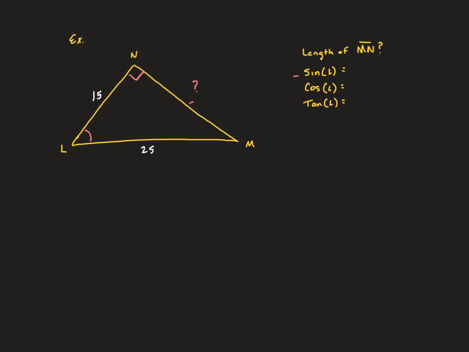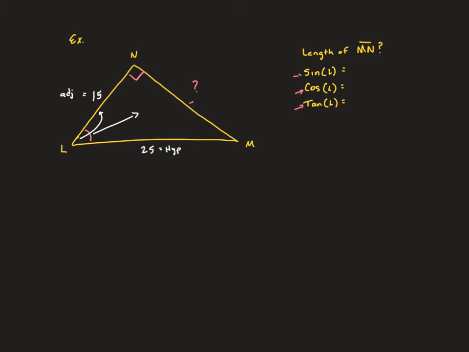So we're going to use sine of L, cosine of L, and tangent of L to figure that one out. Looking at angle L, I can see that I have a hypotenuse, and then 15, that would be my adjacent side, and then this one over here is going to be the opposite.